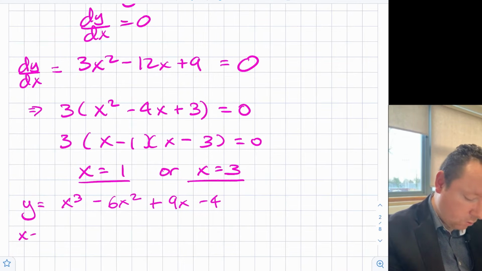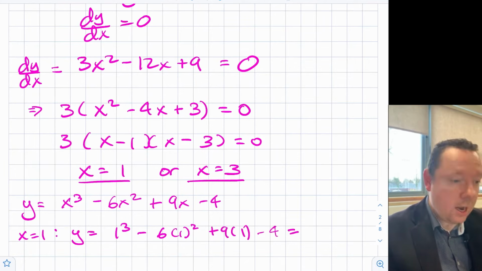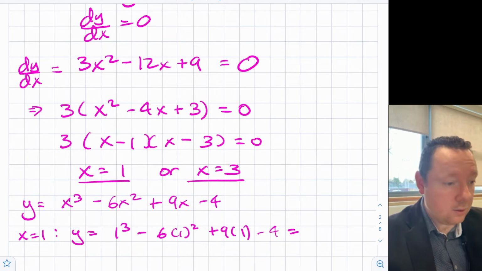So at x equal to 1, y equals 1 cubed minus 6 times 1 squared plus 9 times 1 minus 4. And you can just get a calculator to work that out if you want, and you will realise that the answer is 0.